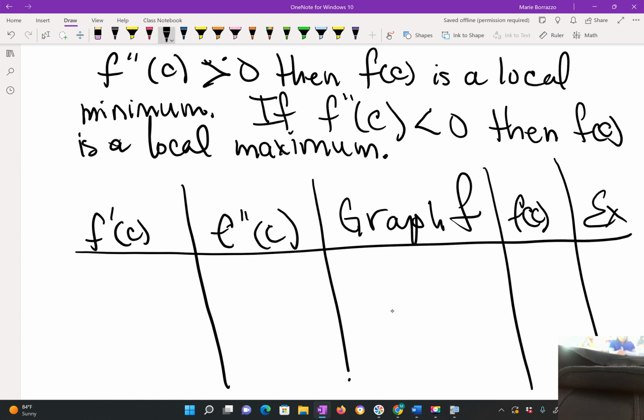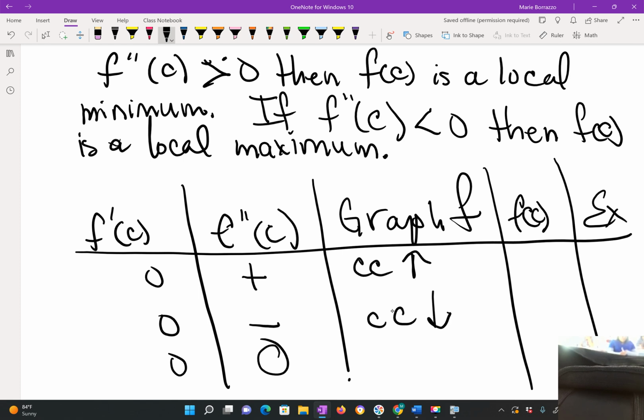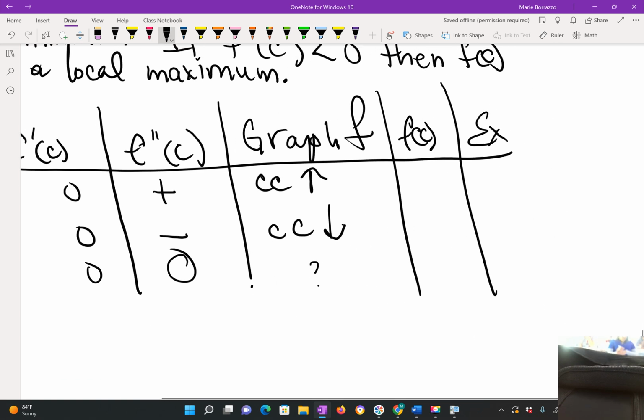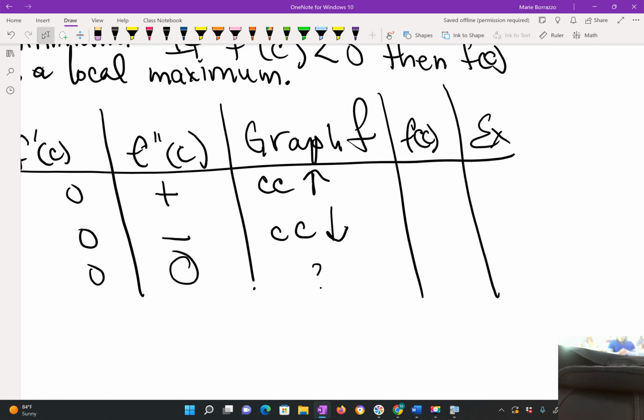So the first derivative, you obtain a 0 value for all of these. And in the second derivative, there's a positive, a negative, and a 0. You understand that this is concave up, this one is concave down, and this one you'd be unable to detect.